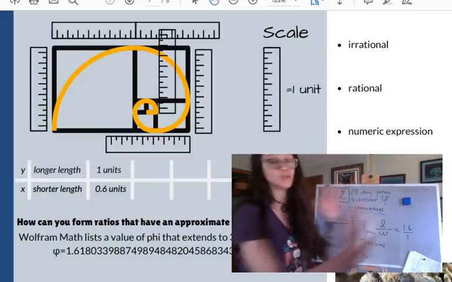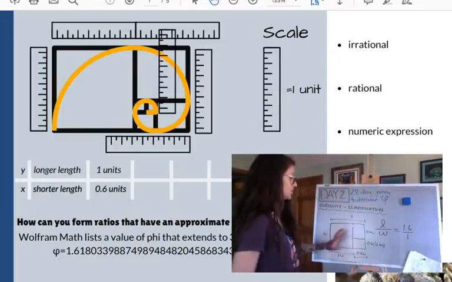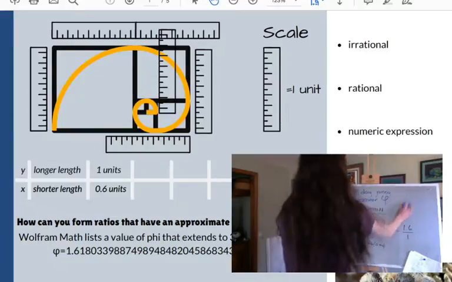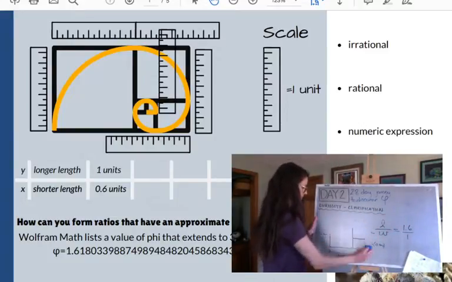So back to 7th grade material. This is the idea of the golden rectangle. Now what we can do is complete that ratio table.